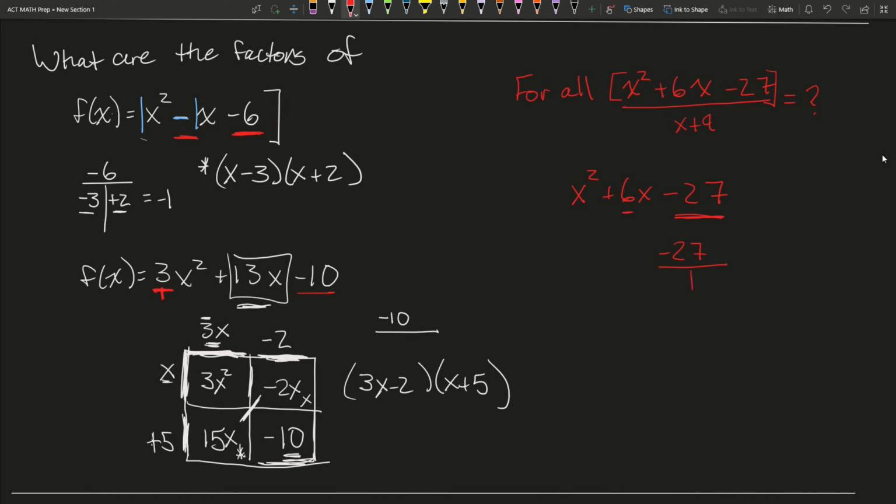And two factors that do that are positive 9 and negative 3. All right, so then our factors would be x plus 9 times x minus 3. And then this denominator stays where it was.